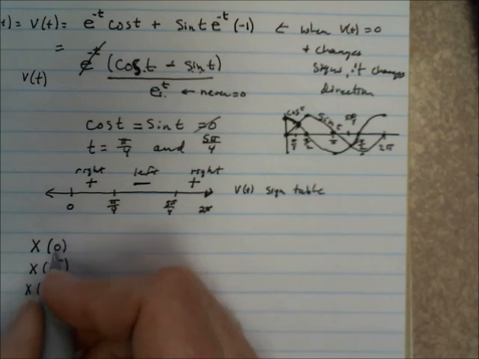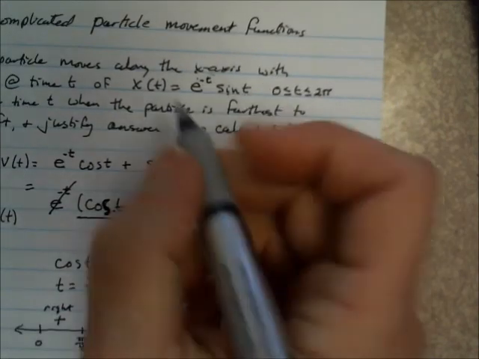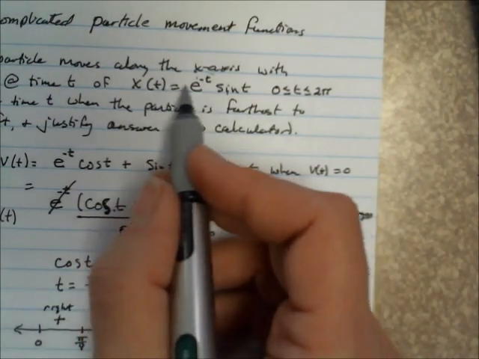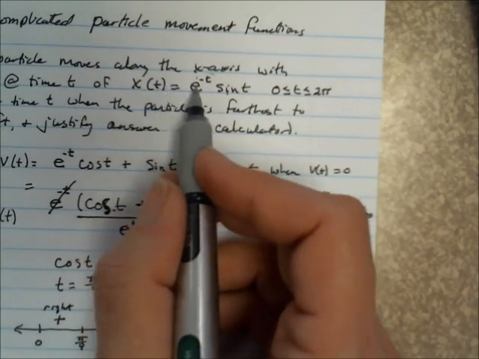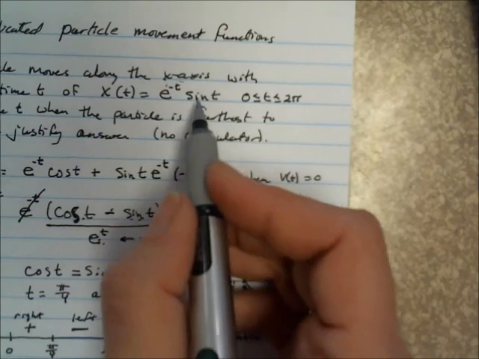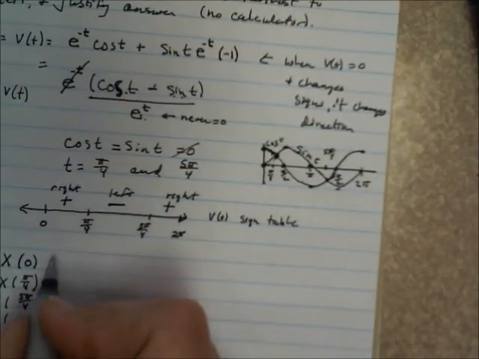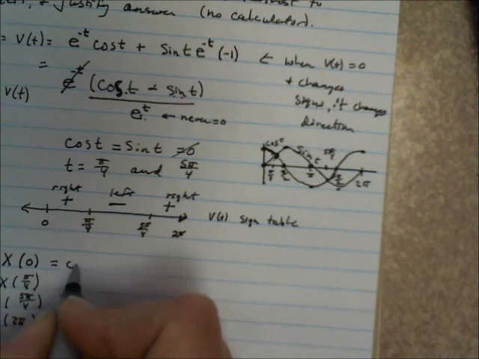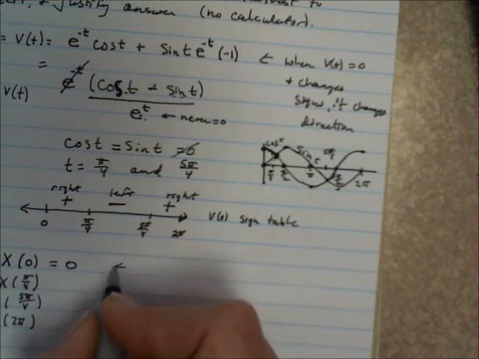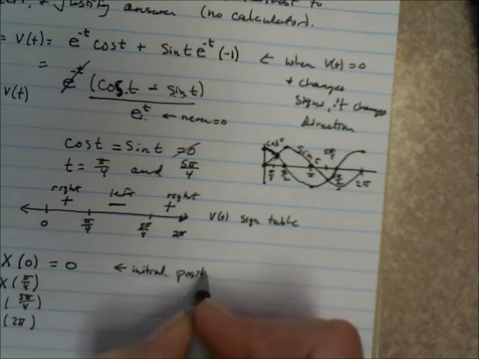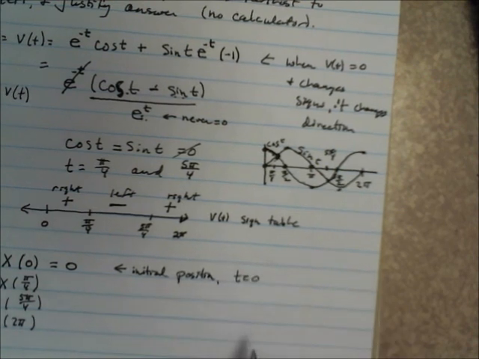For x of 0, we go all the way back to the original position function. That tells where on the x-axis this particle is going to be. If you plug in 0, the sine of 0 is 0, so 0 times anything is 0. So that's where the particle starts. That's the initial position, where t is equal to 0.